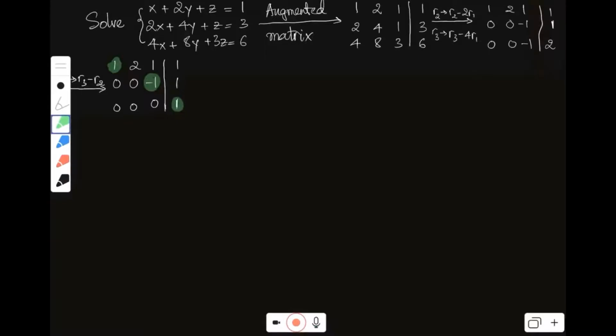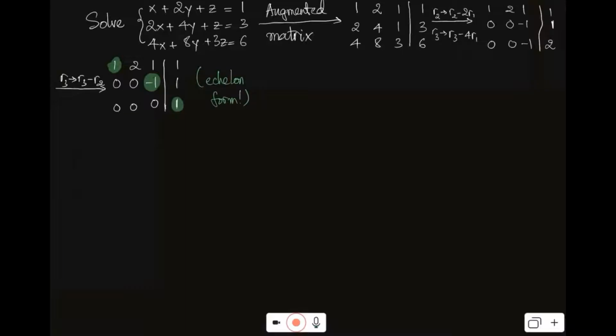So that's echelon form. As I said, you can stop when you have the echelon form. You can either move further to make it a reduced echelon form, which will be better because you just look at whatever you have at the end and tell, wait, this is the solution by looking at the right column.